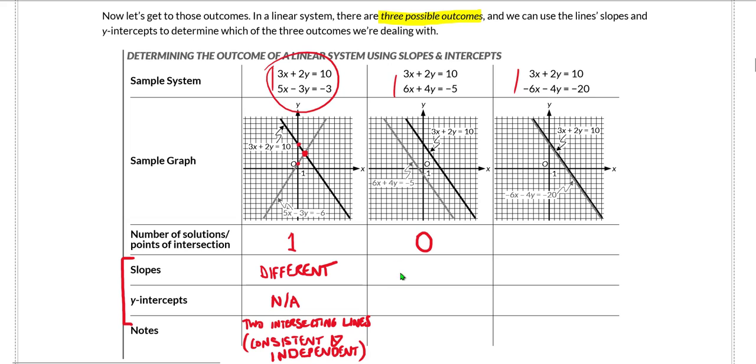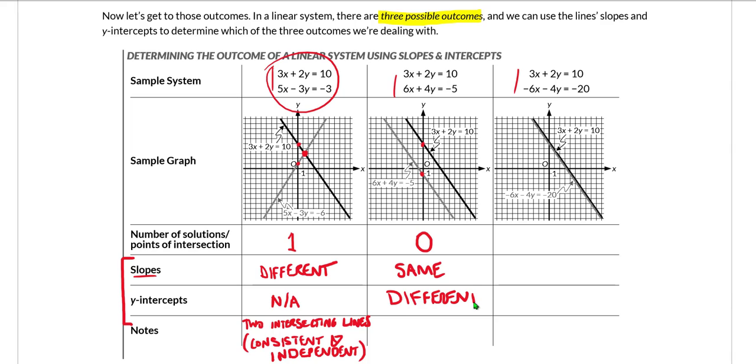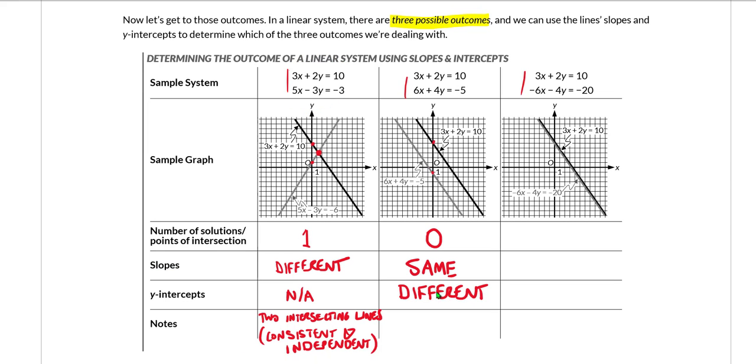So I am going to write same here, same slopes, and the y-intercepts, this guy and this guy, they are different. So same slopes, different y-intercepts, and down here at the bottom we are going to write parallel lines. That's what these lines are. They are parallel to each other.